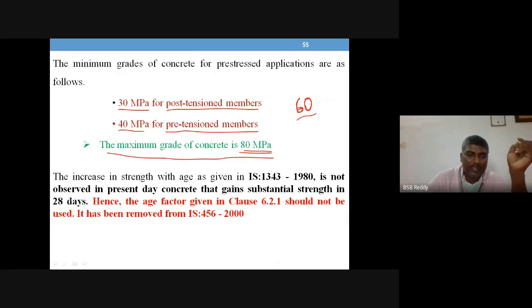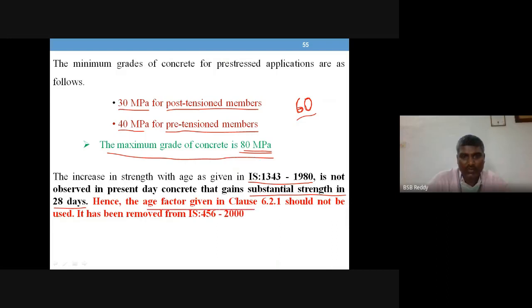And the increase in strength with age, which is given in this code, is not observed in present-day concrete, which gains almost all of its substantial strength at 28 days.